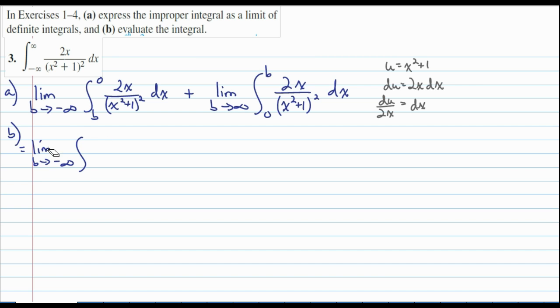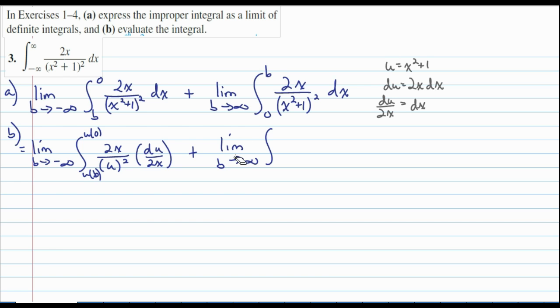So now I'm going to take the limit as b approaches negative infinity of not b to 0 anymore, but u of b to u of 0, of the antiderivative of 2x over, we're calling the inside of the parentheses here u, then squared, and then dx is du over 2x.